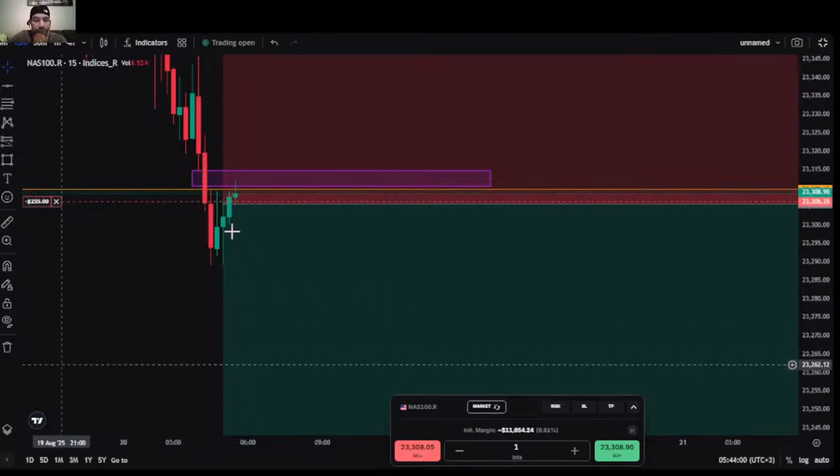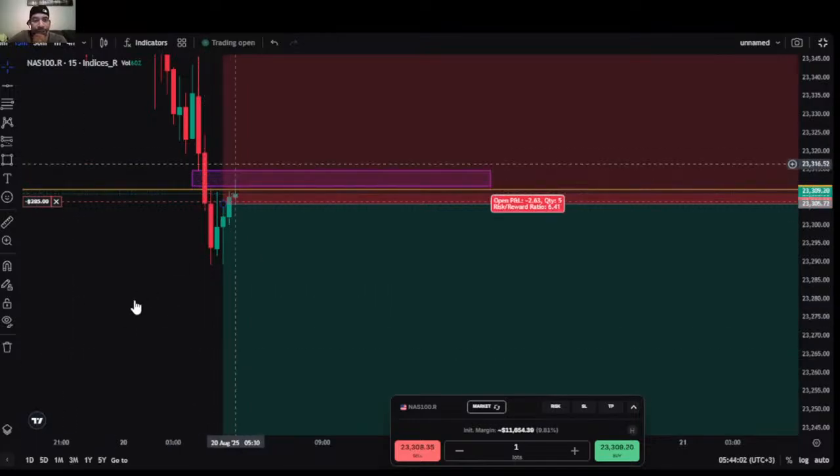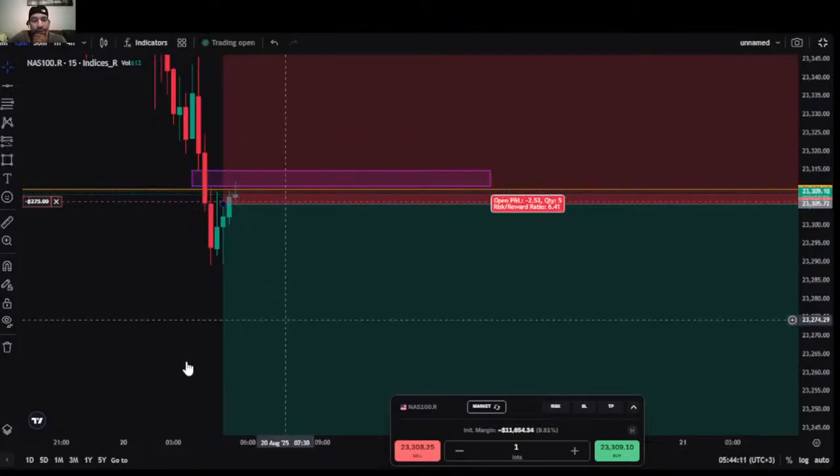It's 2 minutes, so let's see. Still time for it to break if it's going to, but so far it's looking like it's respecting this FVG here. Hopefully, once this candle closes, the next candle can continue to drive down.